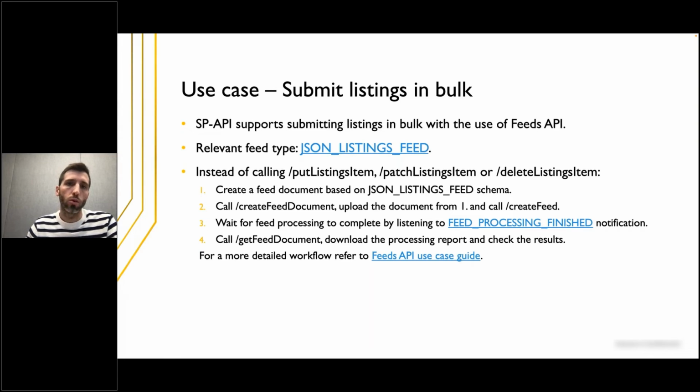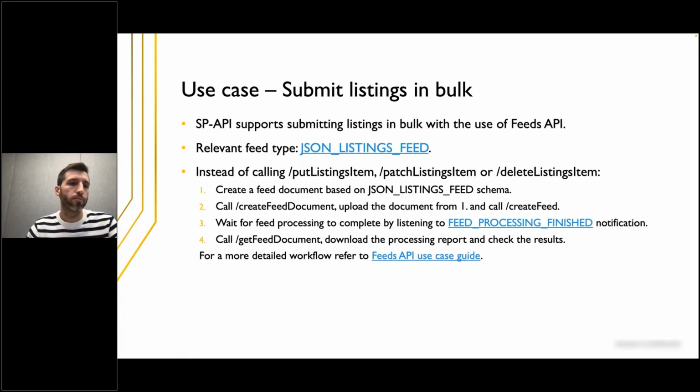First thing that you need to do in order to submit in bulk is creating a feed document based on this JSON listings feed schema. Again, this is pretty much the same as we saw before, a JSON document with the listing information. But in this case, since you are including more than one item, not just one, it will be more or less an array of JSON documents, right?